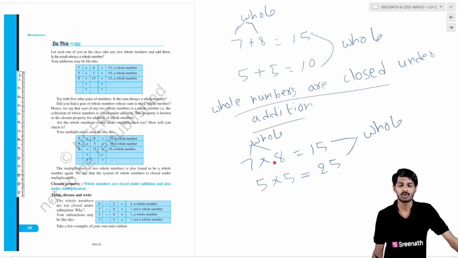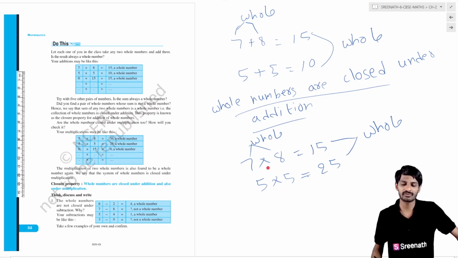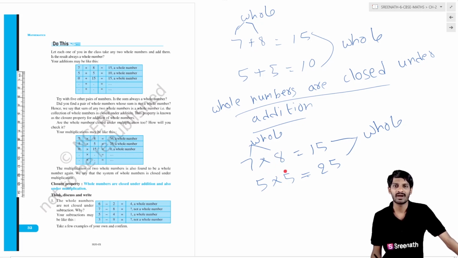So if you go on researching and do all the multiplications of all the whole numbers, you will find that every time the result is a whole number. So that's why whenever two whole numbers are multiplied, if the answer is also a whole number, we call that the closure property is satisfied under multiplication.